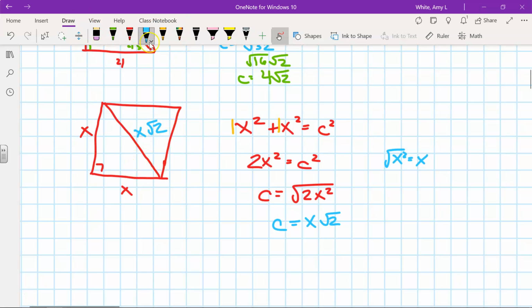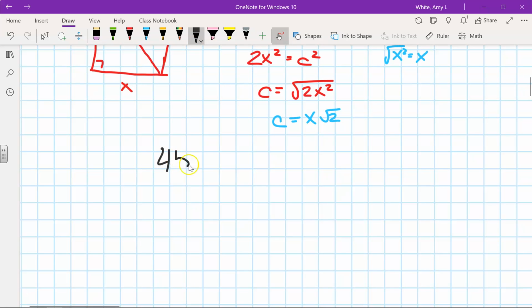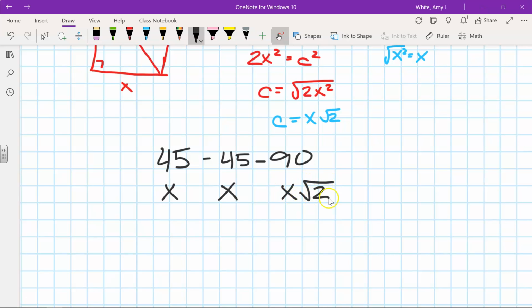And this is the rule for a 45, 45, 90 triangle. In a 45, 45, 90 triangle, we could consider the two legs to be x, some value, and then for our hypotenuse, we would take the length of the leg and multiply by the square root of 2.